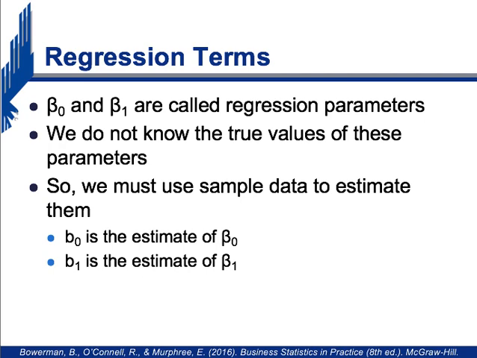However, in most regression analyses, we don't know the true values of these parameters because regression analysis is commonly performed based on a sample of information only. As such, we can use the data obtained from a sample to estimate the values of the regression parameters, and the estimates are the following. So b sub 0 is the estimate of beta sub 0, and b sub 1 is the estimate of beta sub 1.